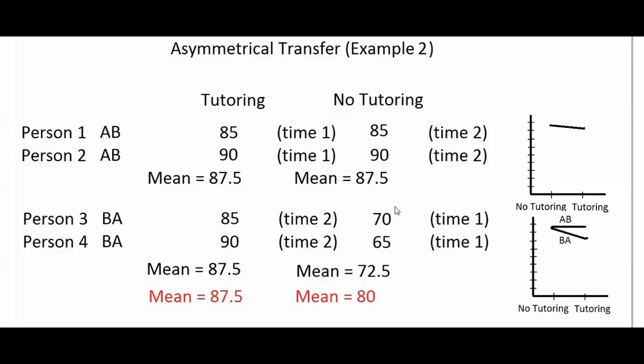So this experiment has asymmetrical transfer, which is why we see an interaction between the independent variable and the order of conditions in this graph. I said that if an experiment has asymmetrical transfer, then the difference between the mean of condition 1 and the mean of condition 2 is confounded. I said that the difference between the two means will either be exaggerated or it'll be shrunken down.